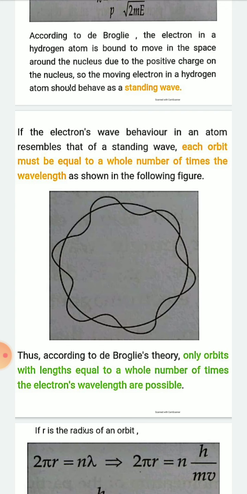So here the wave nature of the electron revolving around the nucleus in a particular shell is shown, and the movement of the electron is shown by considering its wave nature.